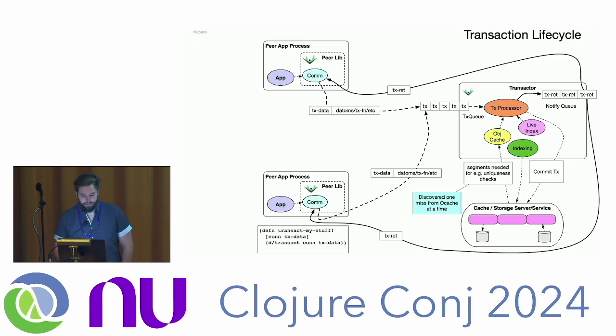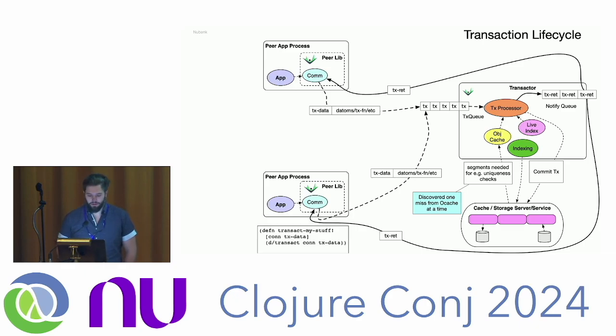So let's dig in a little bit into the life of a transaction itself. So in detail, in your peer, you will submit a transaction from your app saying, Sally likes pizza now, whatever. And that data will be sent over a wire, and it will arrive at a queue in the transactor. This queue then is pulled, or data is pulled off this queue by this component.